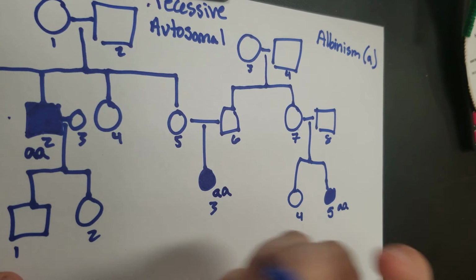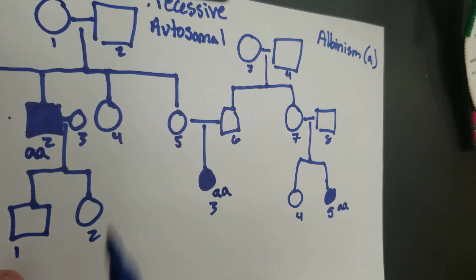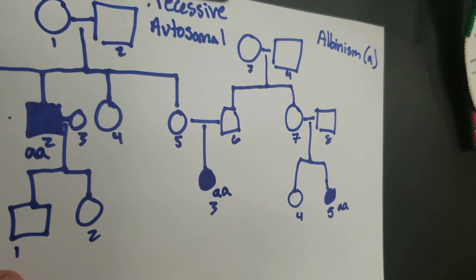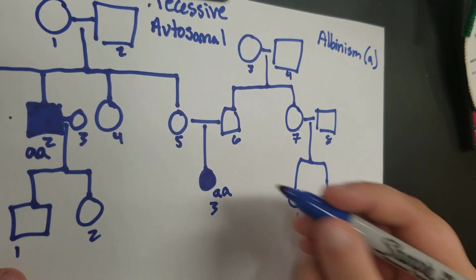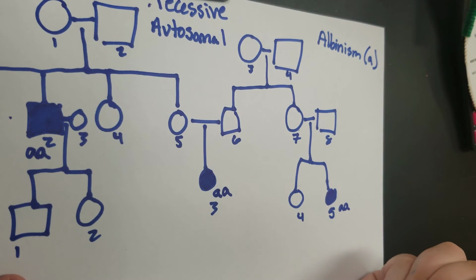Now let's figure out how these shaded in people came to be from people who don't have the trait. If we remember that you always get 1 letter from mom and 1 from dad, that's helpful.